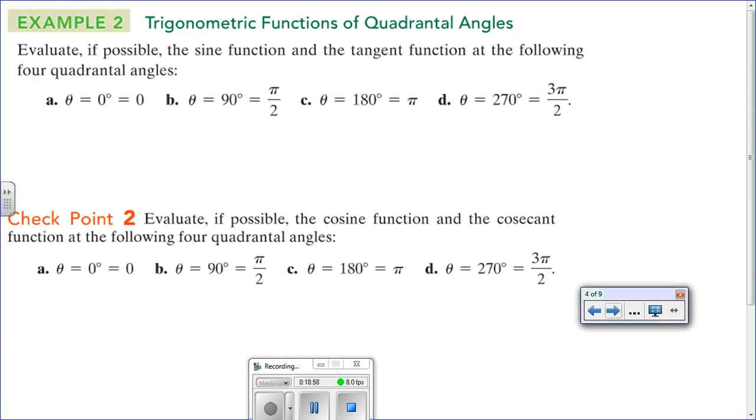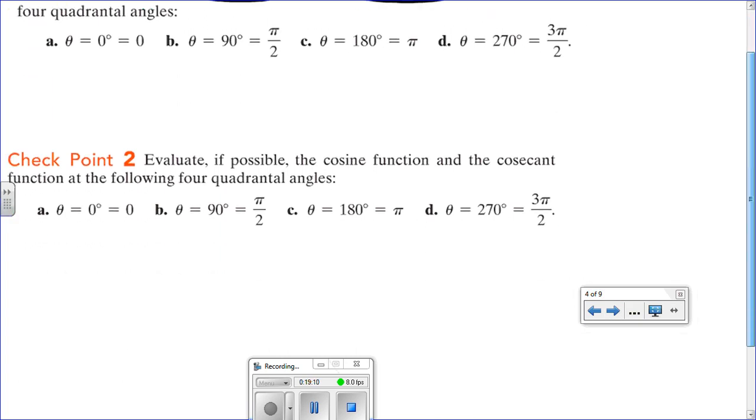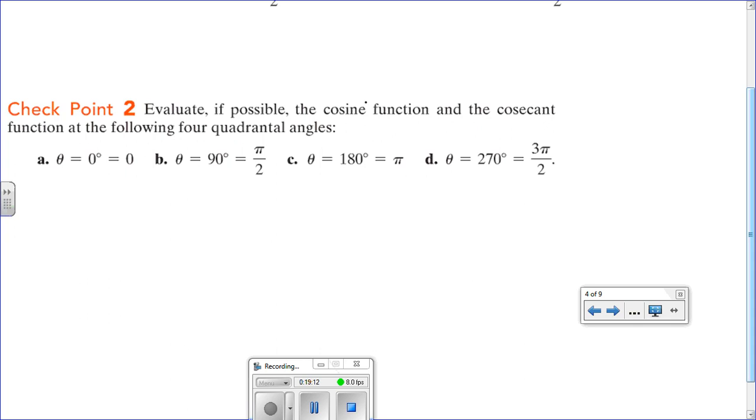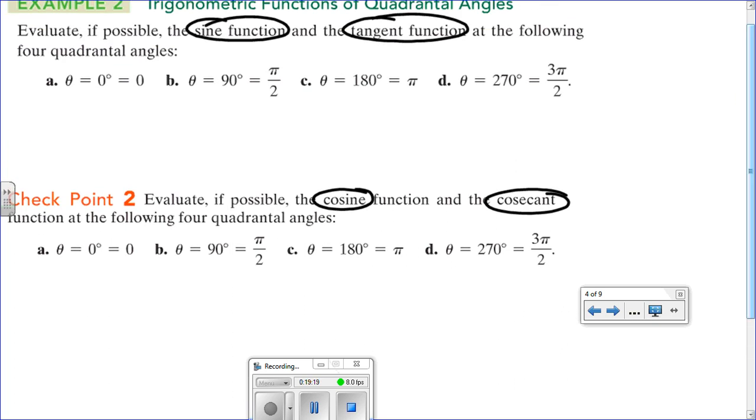Okay, the next thing we're going to do is find the sine, the tangent, and then down here we have to find the cosine and the cosecant. I don't want to do them in that order. Instead, I want to find sine and cosine first.